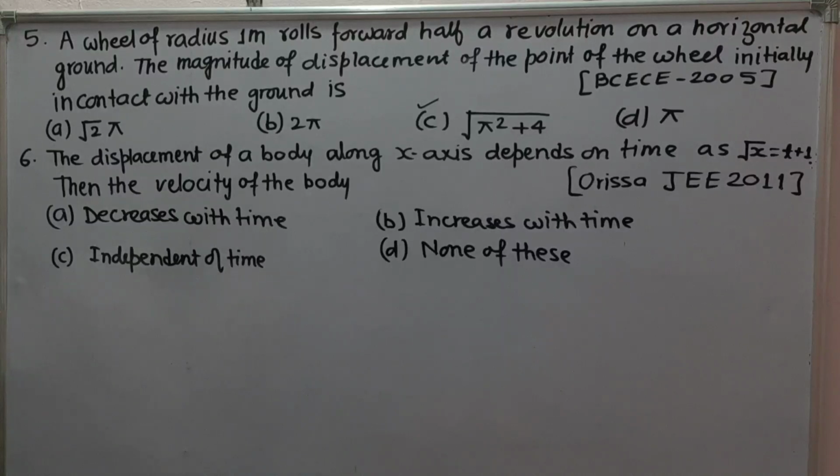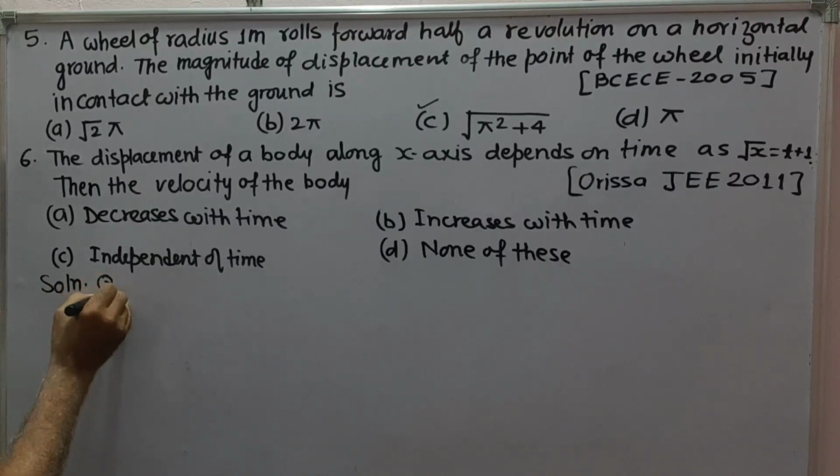Next question number 6. The question is, the displacement of a body along x axis depends on time as root x is equal to t plus 1. Then the velocity of the body. These are the options. Now, solution to question 6.